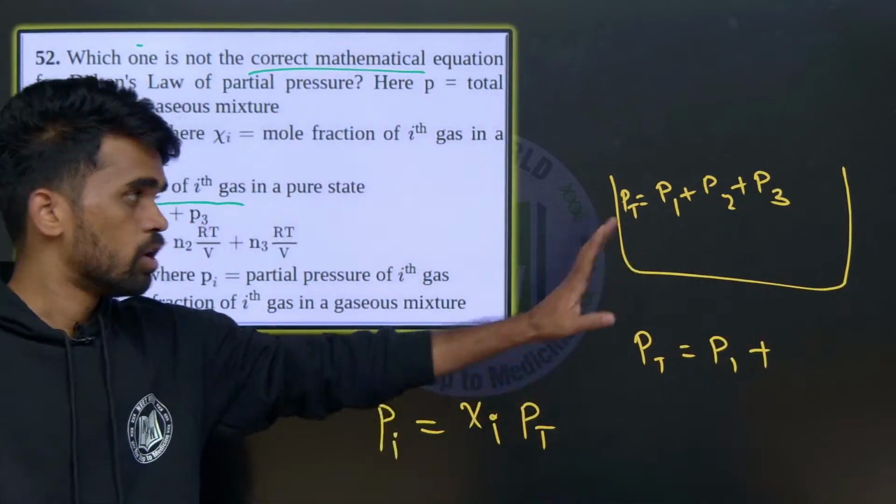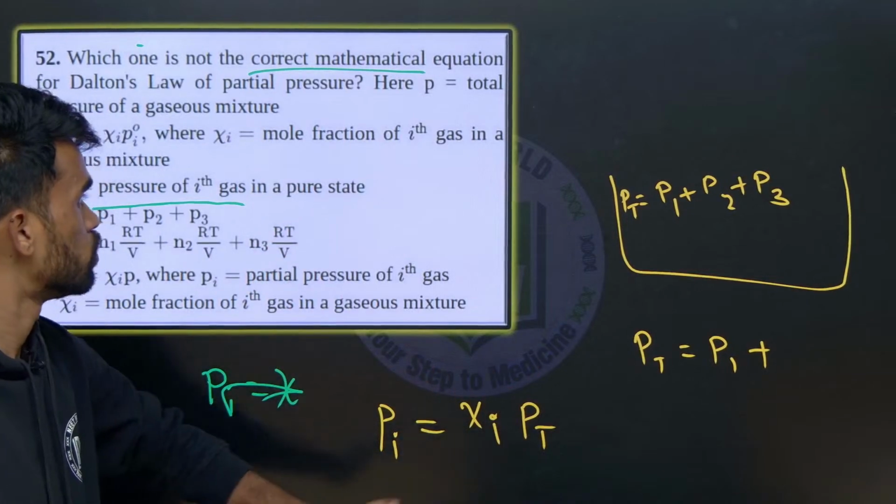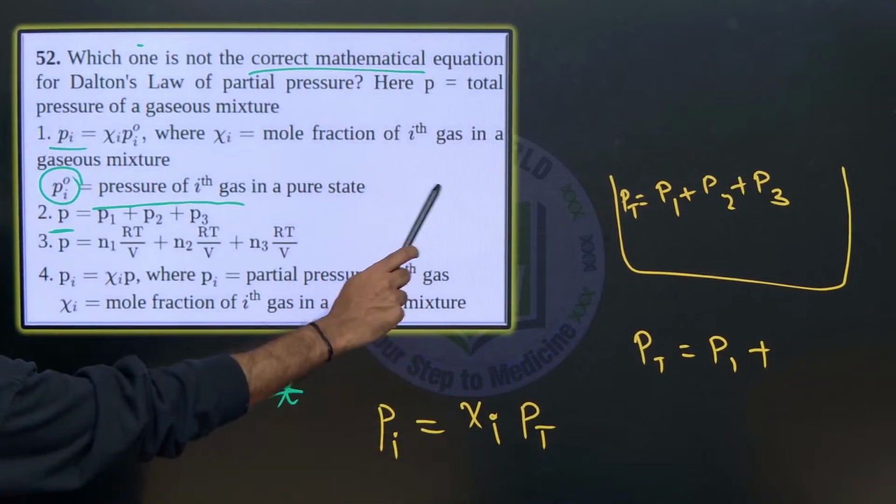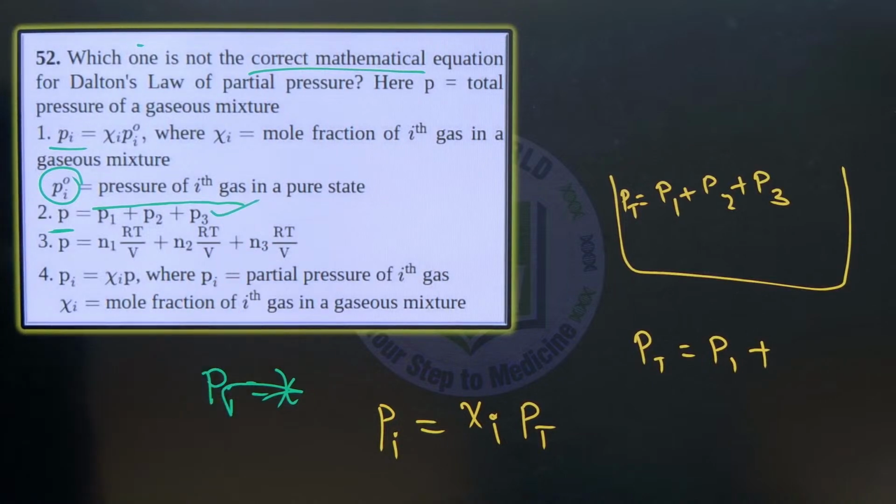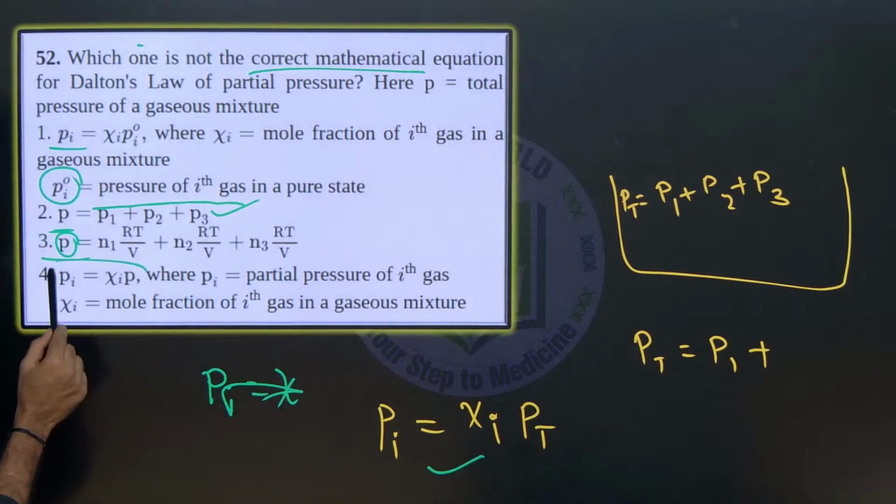This also comes from Dalton's law. The second one is correct, and the third one, let us look here: P equals P of gas. The fourth one is whatever I have written here, that is what is mentioned in the fourth option.